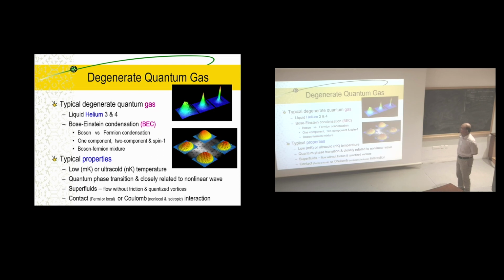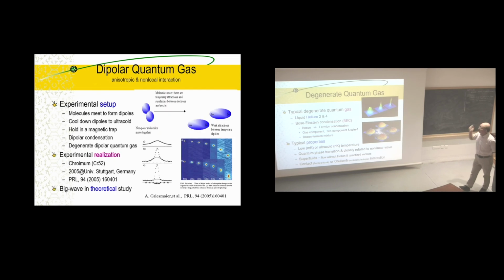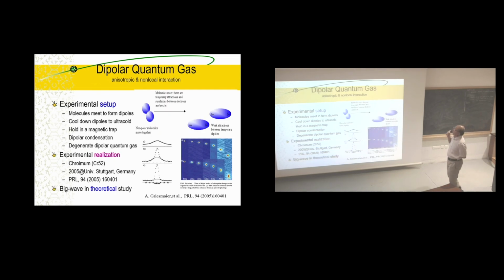Of course, the interaction can be contact or local, like the Fermi local interaction, or Coulomb, or even dipole. The Coulomb interaction is non-local but isotropic. The dipolar quantum gas has an interaction that is anisotropic and non-local. The setup is as follows: you have several molecules and an external electric or magnetic field.